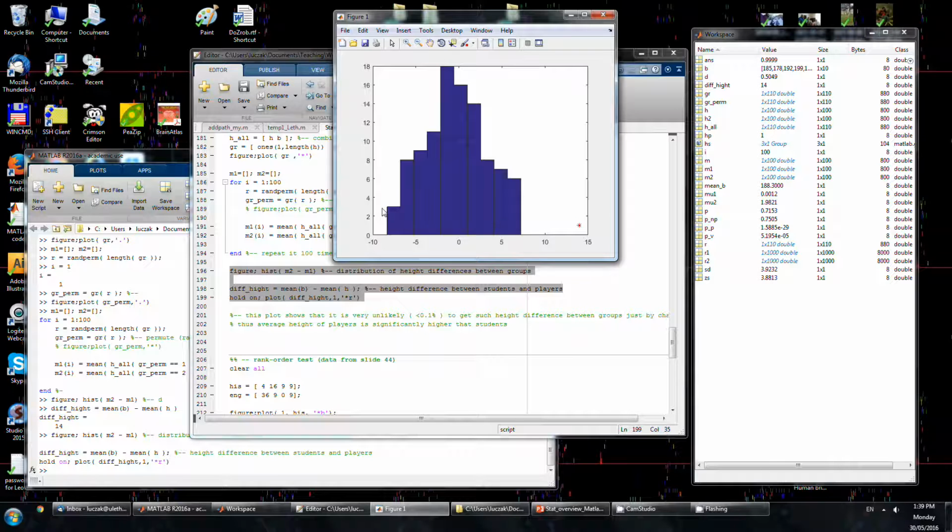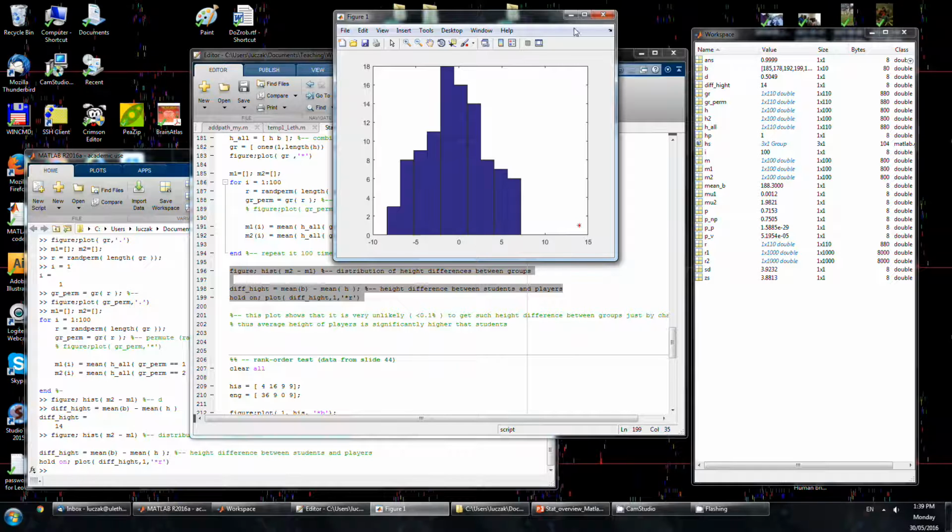But if we take the general population plus basketball players and randomly reassign who is a basketball player and who is not, and calculate the average height, the distribution of averages would be as shown here. So it would be very unlikely to get a difference of 14 or bigger.